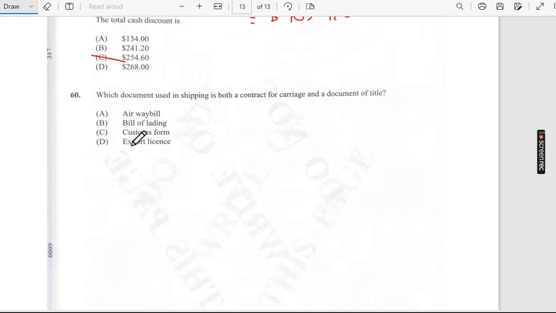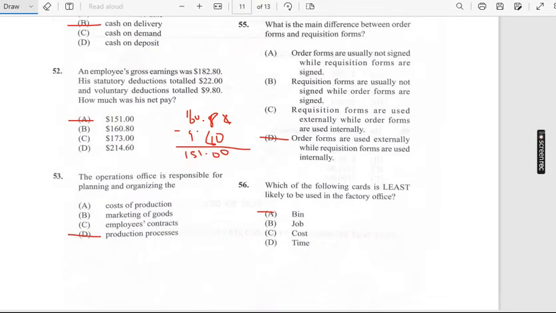It's basically a contract between the shipper and the carrier. So this one would be, guys, an air waybill. Alright, 60. So this is finished so far.